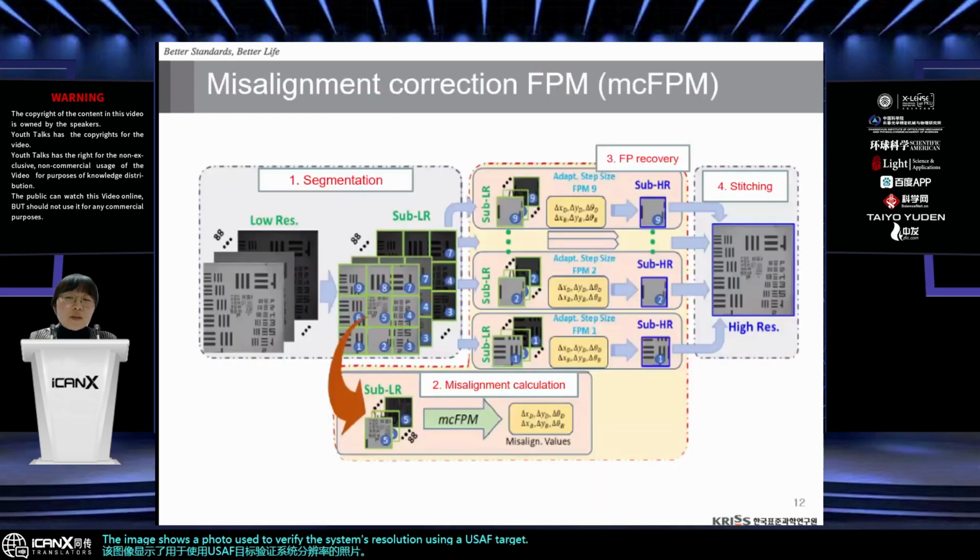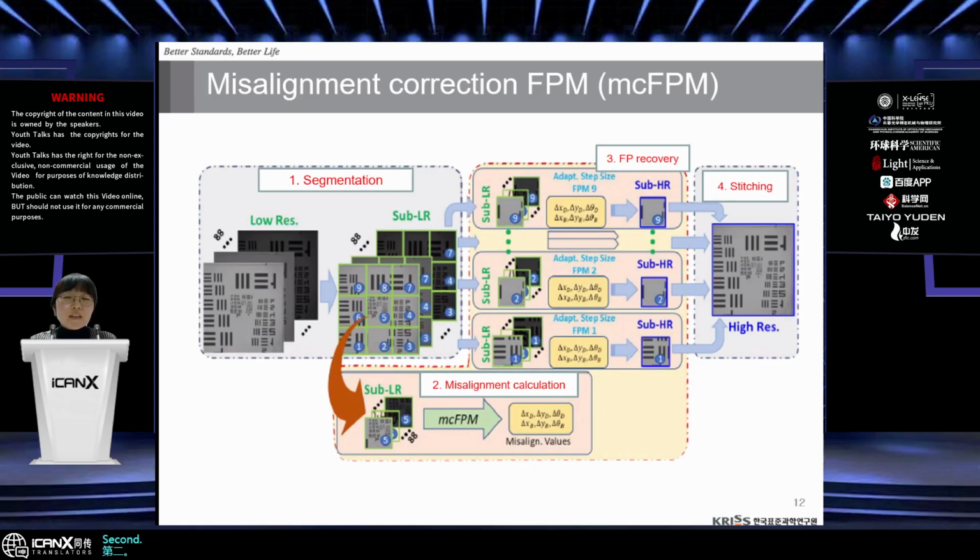Next, I would like to mention the significance of misalignment correction. To obtain a high-resolution image using FPM, it involves 4 steps, including the previously mentioned FP recovery. First, the raw image captured by the camera, consisting of thousands by thousands of pixels, undergoes segmentation to make FP recovery more efficient.